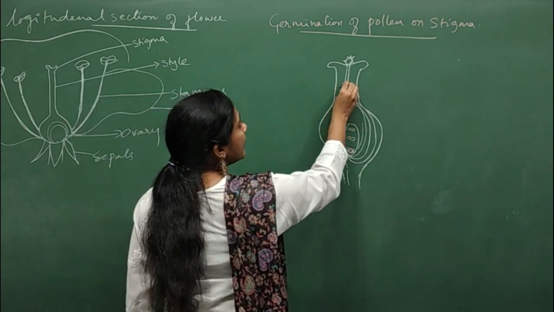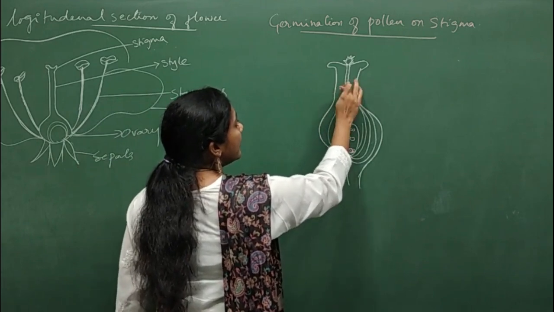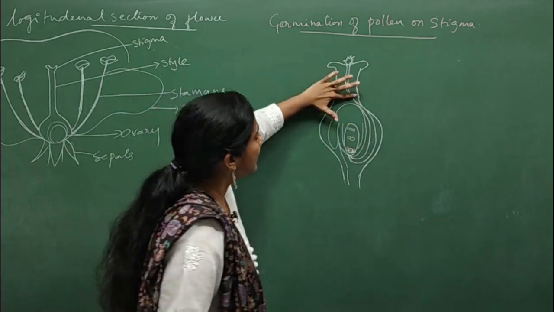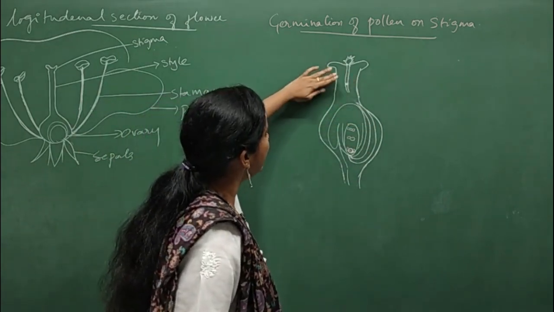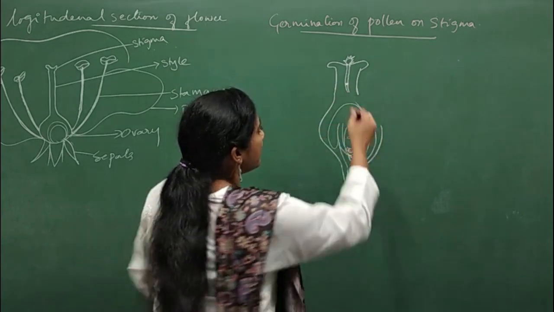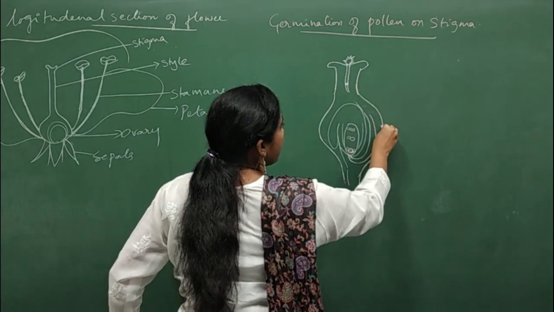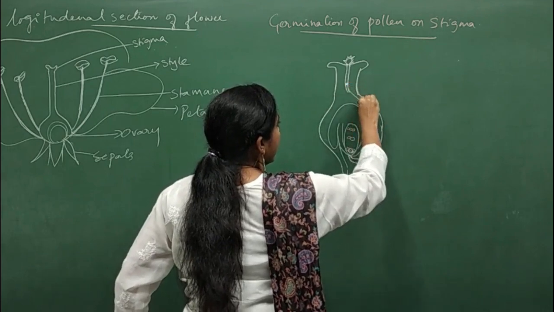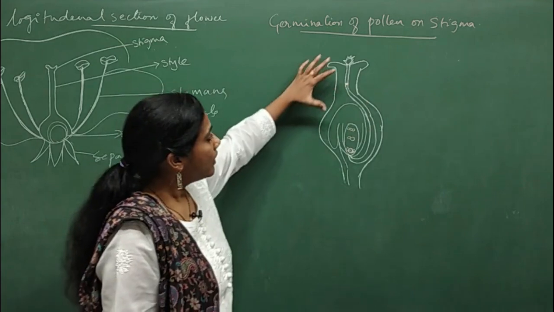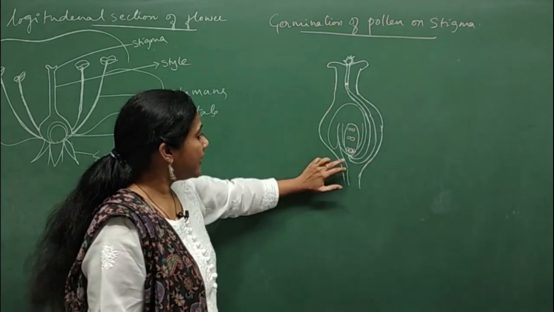Clear? So here the male germ cell would be there inside the tube, and that would be coming through the tube. So here the tube has become a little narrow, but you have to draw it much bigger. Okay, let me show it this way. A little bigger one. Okay, so this is our pollen tube. Clear? So you have to draw much more neatly.